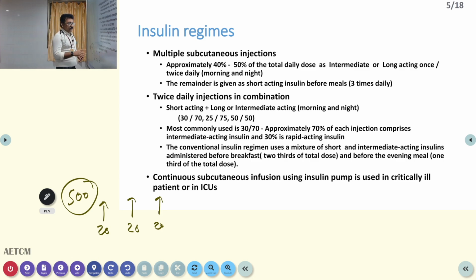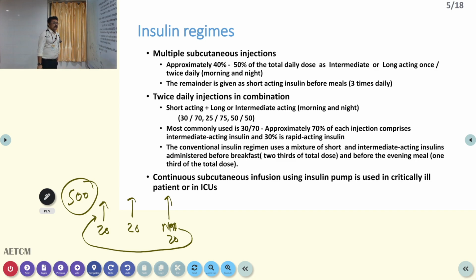But some doctors give like this: morning and afternoon they give 20 units regular acting insulin. At night they give NPH insulin, 20 units. The advantage of giving long-acting insulin is that it controls the sugar throughout the night.